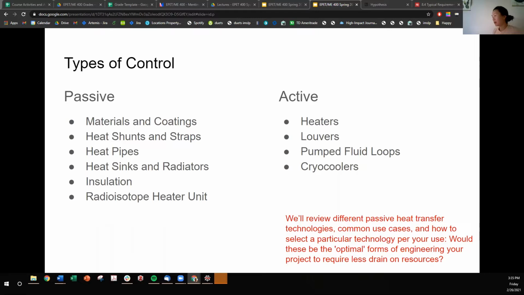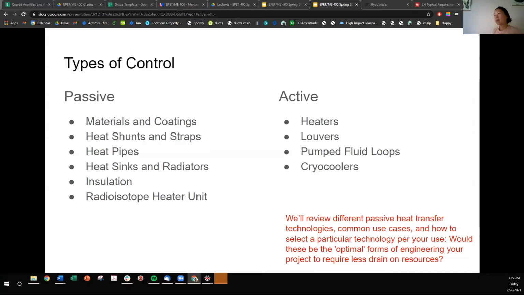Before we start, there was a question: would the passive technologies be optimal forms of engineering for your project to require less strain on resources? I'd say there's a trade-off. Certainly passive solutions don't take up power, but they can be quite massive.